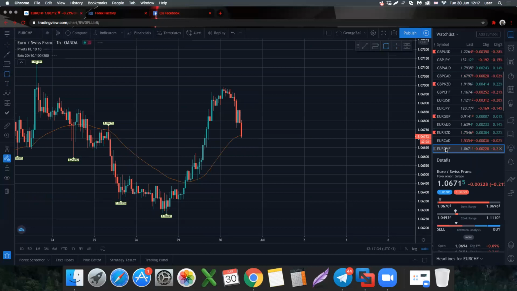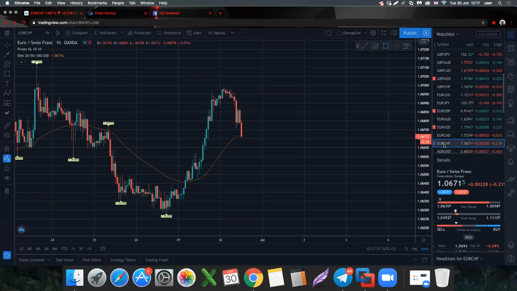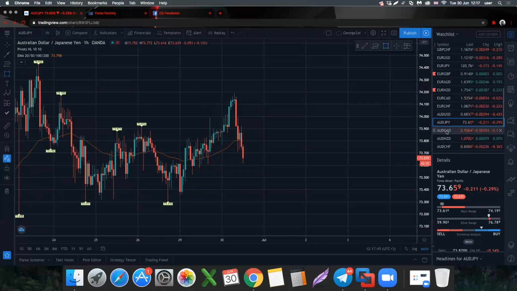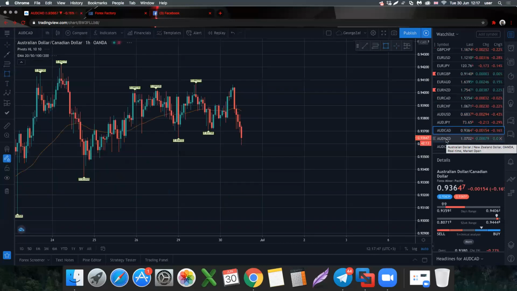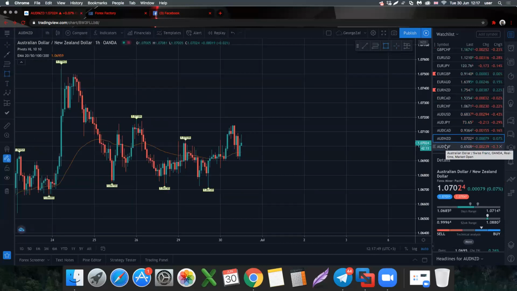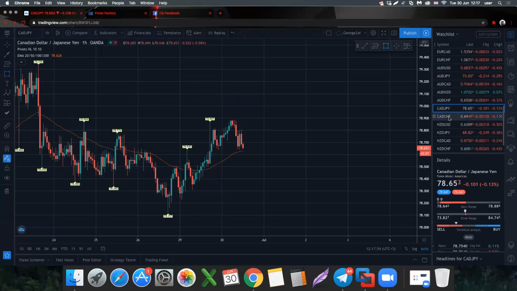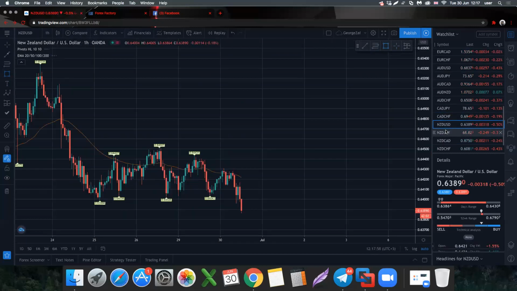Euro CAD, no, for now. Euro CHF. USD, not something clear here for me. NZD USD, definitely a downtrend, big downtrend, but it doesn't follow the Elliott wave.